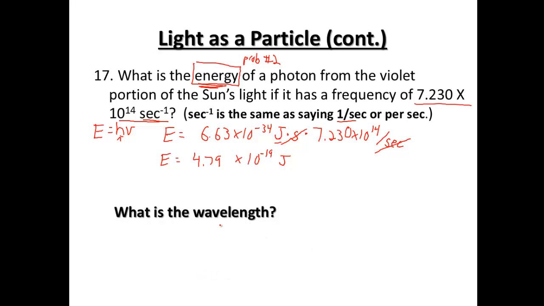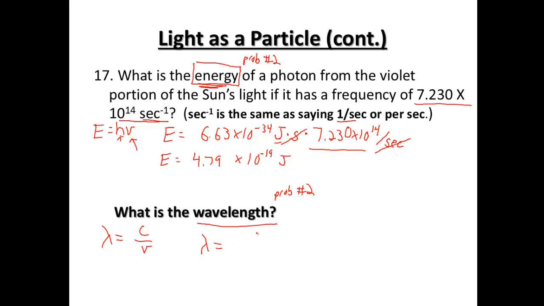Now our second problem asks, what is the wavelength? This is just a review from last section. If we're looking for wavelength, the wavelength is equal to c over nu. We already know the frequency from the beginning, 7.23 times 10 to the 14th.